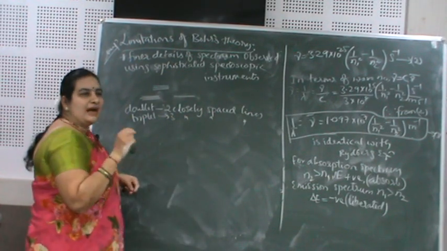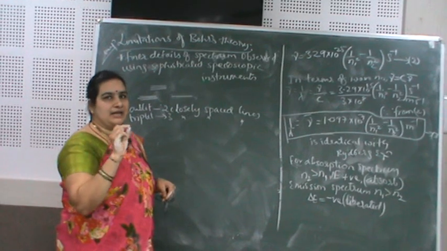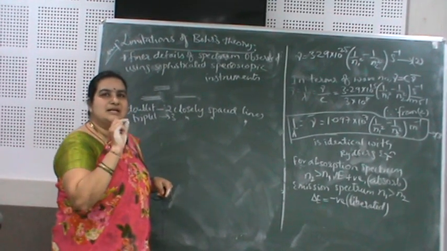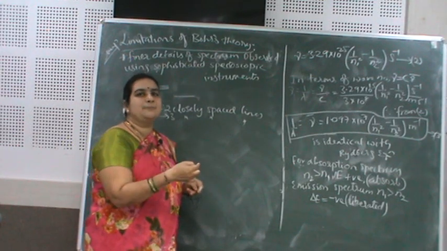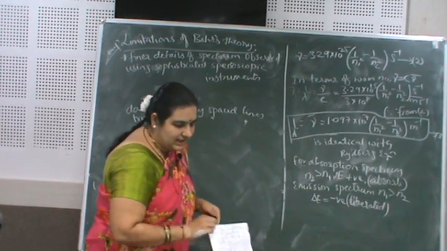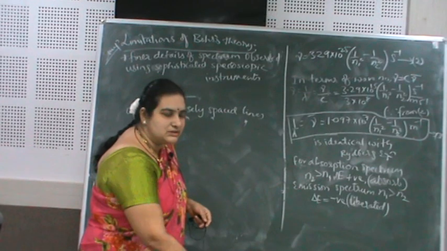So finer details means each line of the spectrum consists of 2 or 3 or 4 lines, like multiplet lines, which cannot be explained by Bohr's theory.